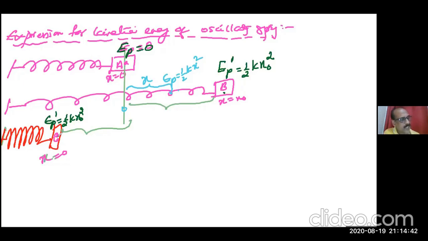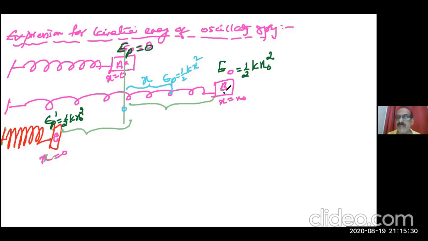The potential energy of the spring when it has maximum displacement x naught, instead of EP dash, better write E naught, then we can easily remember.